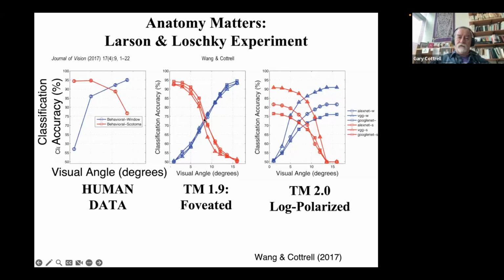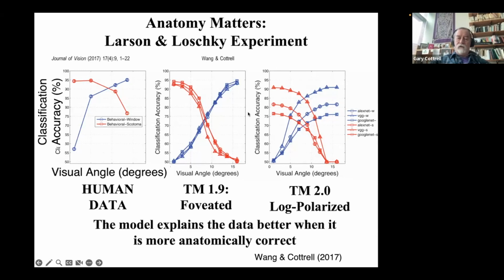And so the crossover point here, it's doing much worse than the humans. But when you log polarize it, it maintains its ability to recognize what kind of scene it is much longer and drops off much more slowly. So the model explains the data better when it's more anatomically correct.